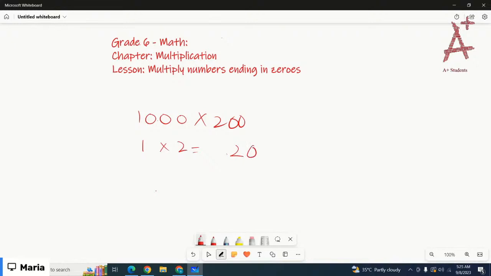That means if you multiply them, the answer must have 5 zeros, right? That is 200,000.